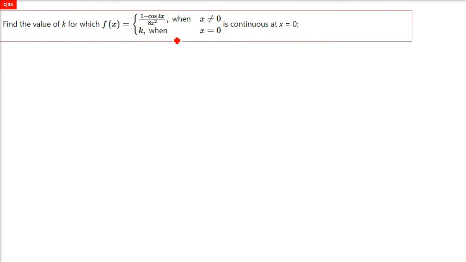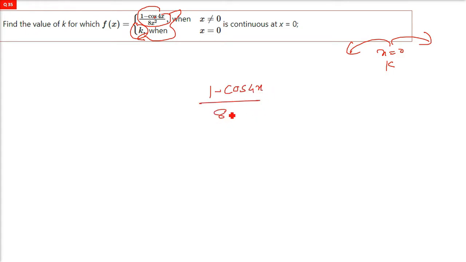Now this kind of question we have done: find the value of k for which f(x) is continuous, because it's already given that it is continuous at x equals 0. When x equals 0, it's k. Otherwise, it will be (1 minus cos 4x) by 8x square. And we know that there is a relationship: 1 minus cos 2 theta is 2 sin square theta.